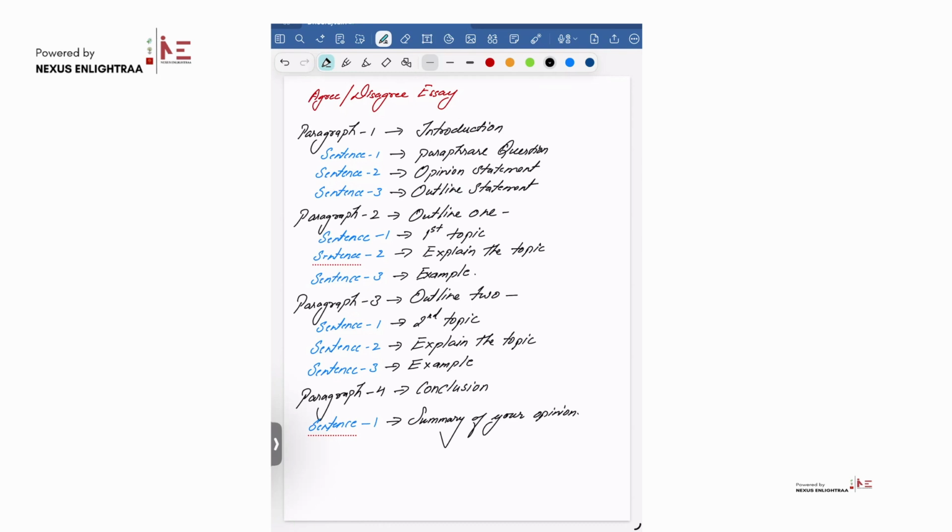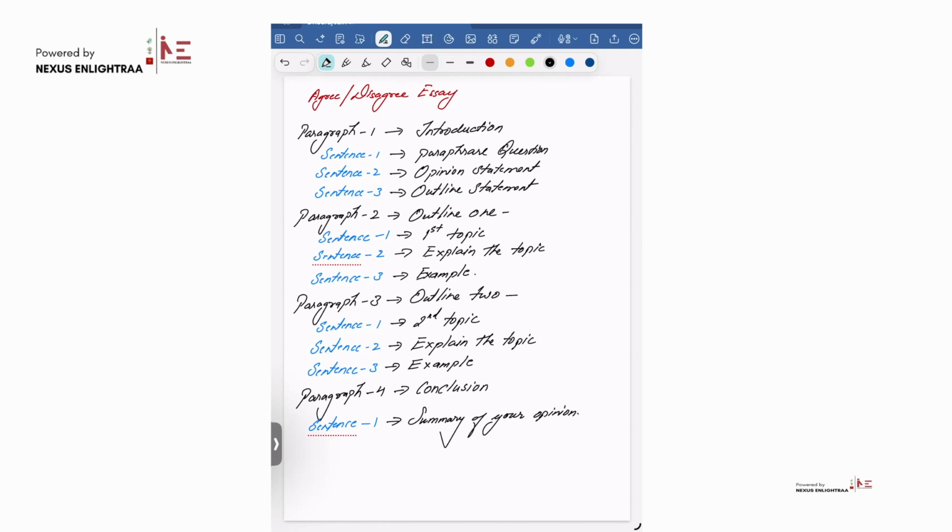You will have paragraph number 1, which is your introduction paragraph. That is where you introduce your reader to what you're writing about. So in that case, you will write the paraphrase question, and then you will give your opinion, like whether you agree to it or whether you don't agree to it. And then the outline is what are the reasons you are giving for whether agreeing to it or not agreeing to it.